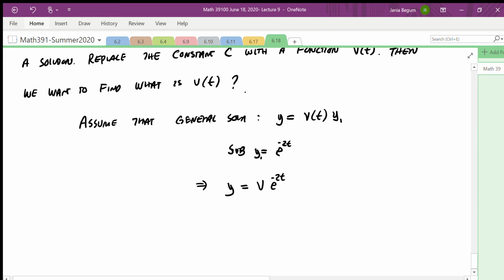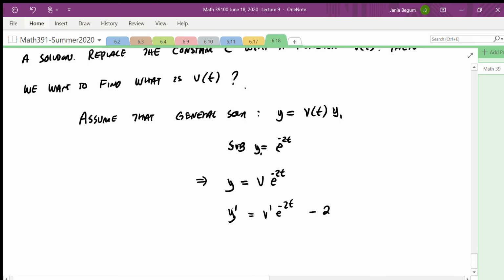Then y prime: because v is a function, you have to use the product rule. So we have v prime e to the negative 2t plus minus 2v e to the negative 2t. So that's y prime. And we have to compute y double prime because our equation involves a second derivative.